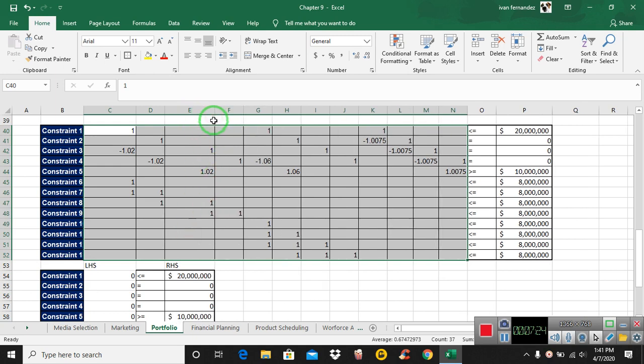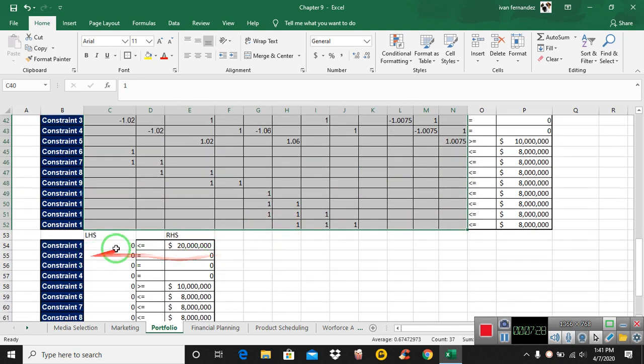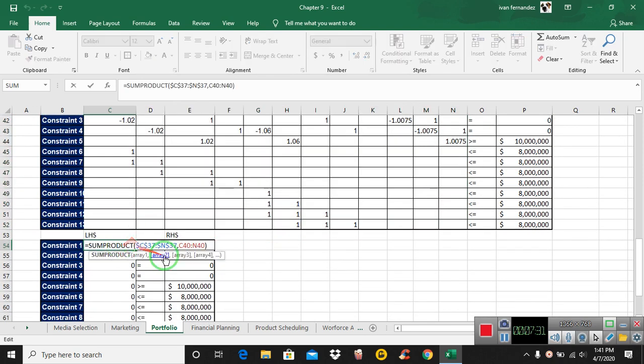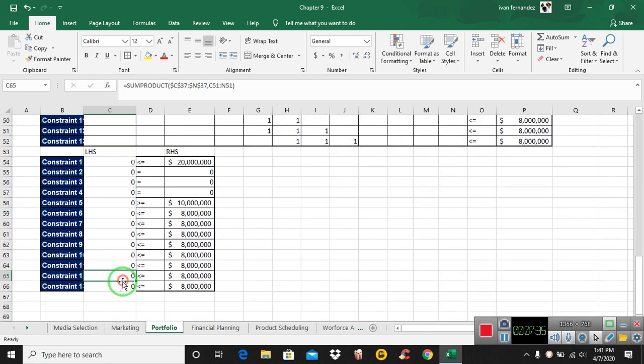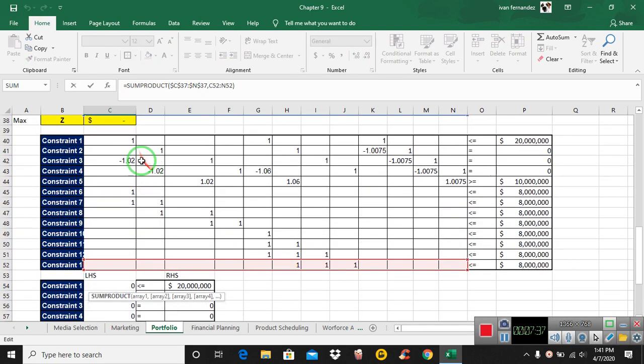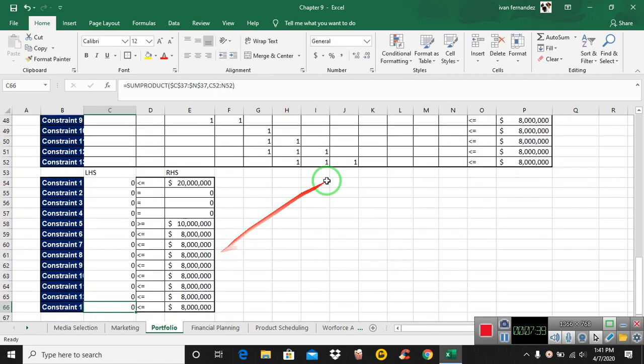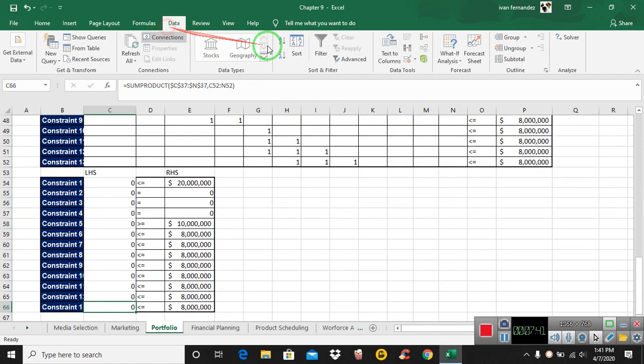I want to make sure that the data looks good, equal, okay. Then your sum products, I'm just going to check the top, looks good, check the bottom, looks good, okay. So now I'm going to go to Solver.